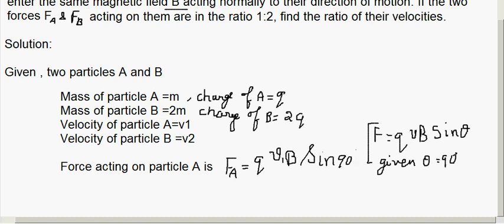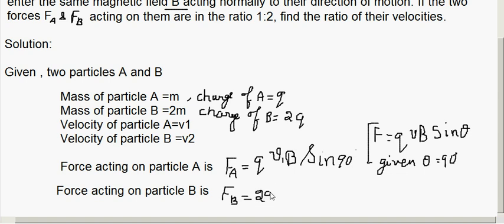Similarly, force acting on particle B is Fb equal to charge is now 2q into v2 into B, and again same magnetic field and same angle.